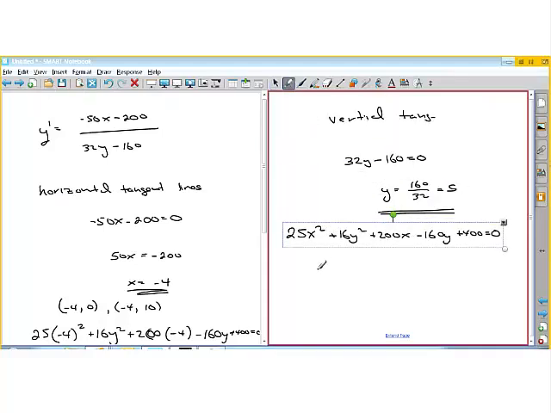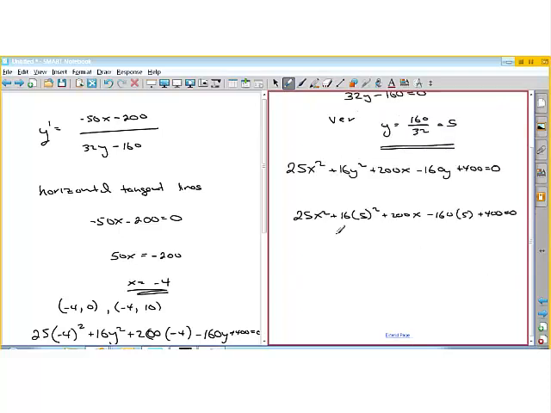Okay, so let's plug in y equals 5. 25x squared plus 16 times 5 squared plus 200x minus 160 times 5 plus 400 equals 0. So 25x squared.